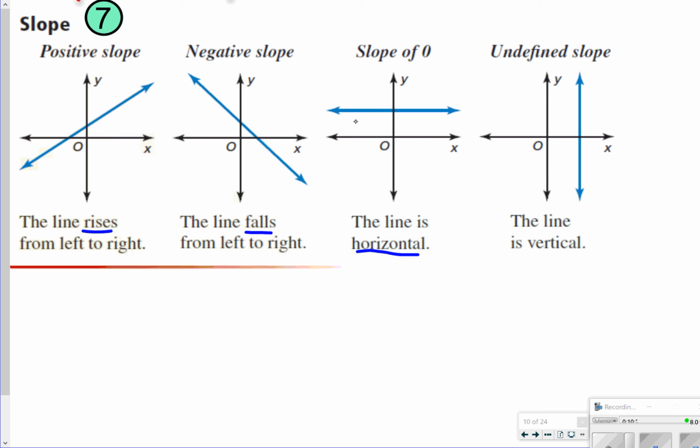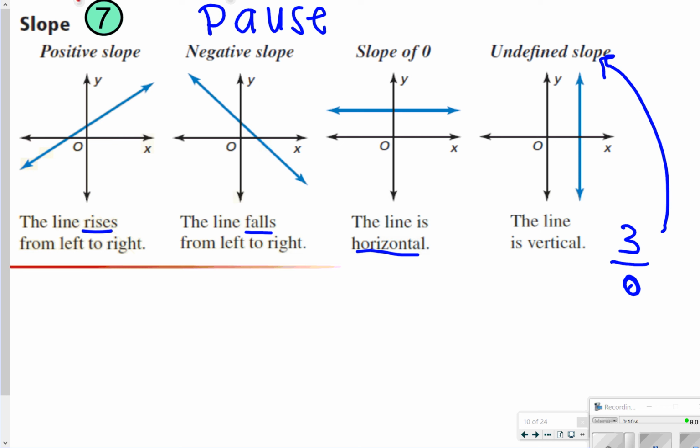That's almost like if you're walking on a flat surface, you don't have any incline. And then undefined slope, this is where we would get like a 3/0. That is where we look at undefined slope and we graph it. So we're going to pause right here so you can finish writing down what different slopes look like. And then once you're done, click play to see what's next.